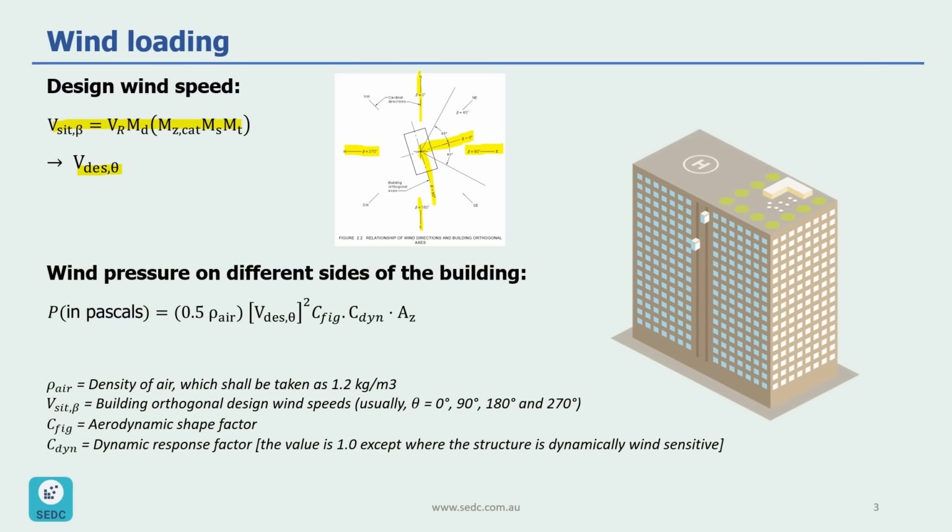The second step is to measure wind pressure on different sides of the building with this formula, as you can see in here.